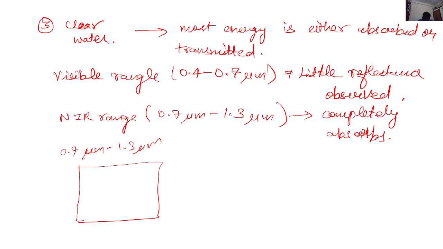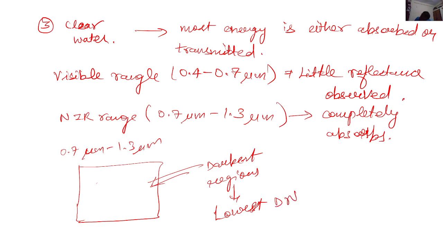You will find that the reflectance is the lowest in this region for water. So whenever you plot the regions, the darkest regions, or lowest digital numbers, would be of water pixels. So this is how we actually delineate the water bodies.